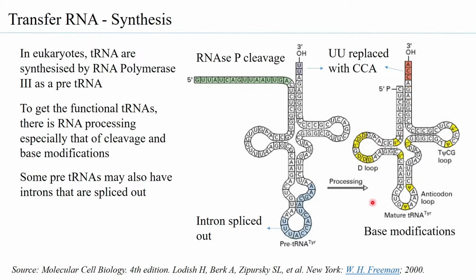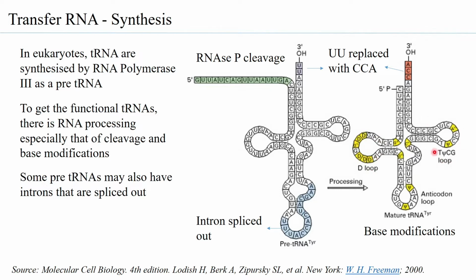Other than that, in terms of processing, many bases are modified. For example, when you take the D loop, you will find that many U nucleotides are modified into what is called dihydrouridine, and that is the reason why it is called the D loop.